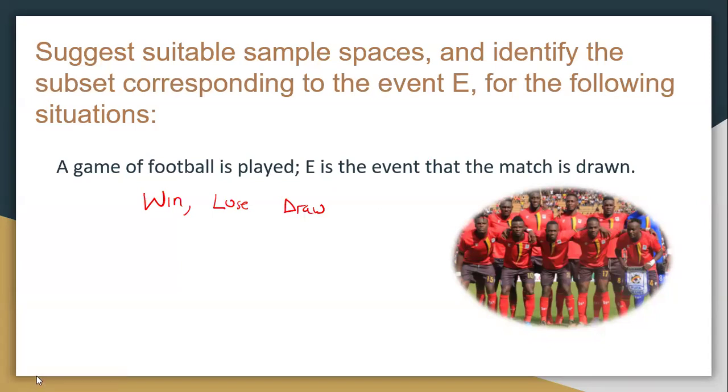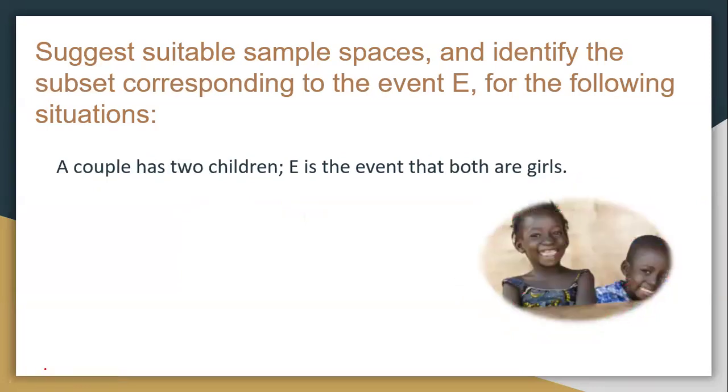Then the last question, they told us that we had a couple that had two children. It is the event that both are girls. Now here still, when we have a couple and they have two children, that means there are possible outcomes.